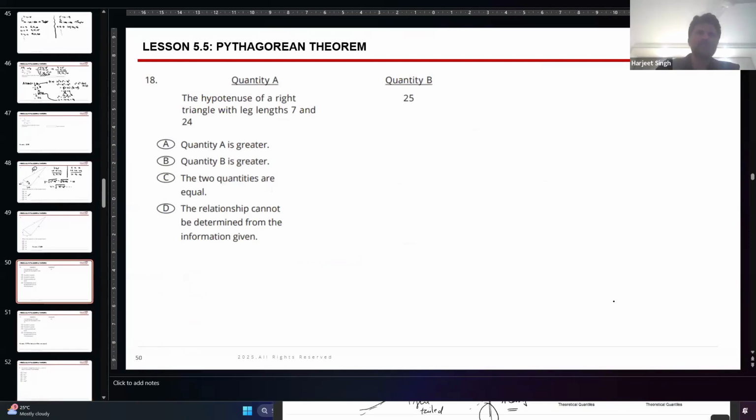Next, hypotenuse of a right triangle with legs 7 and 24. So legs of the right triangle are 7 and 24.